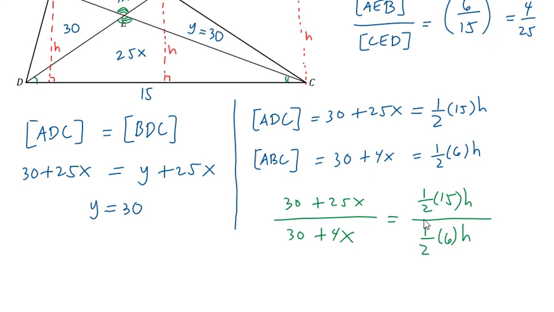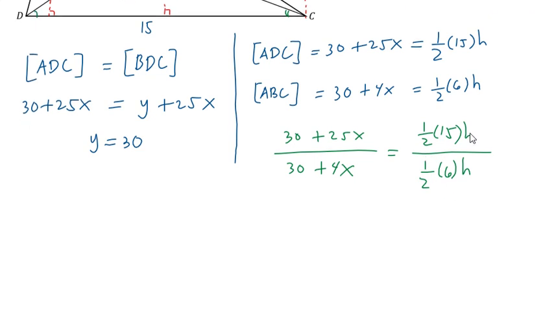Now let's cancel common factors. I can cancel 1/2 h and then the common factors of 15 and 6. So we have 30 plus 25x divided by 30 plus 4x equals 5/2.